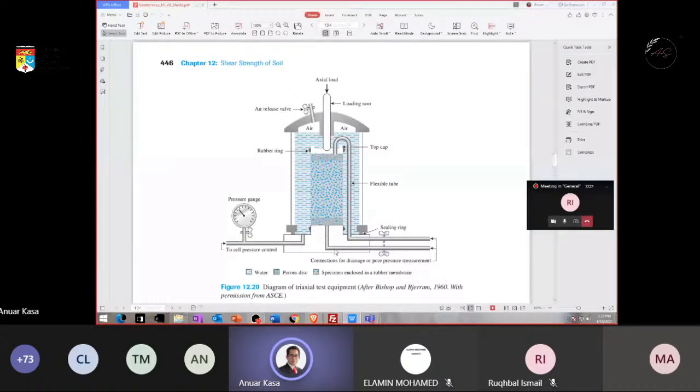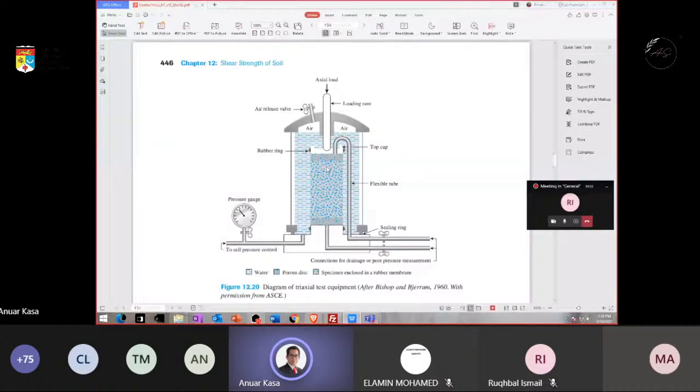Okay, and there is some liquid inside, with a pressure gauge, so that we can apply, if you still remember, sigma 3, the lowest, the minor principal stress. Sigma 3 is actually the water inside pushing the sample with the value of sigma 3. So the pressure is all around the sample.